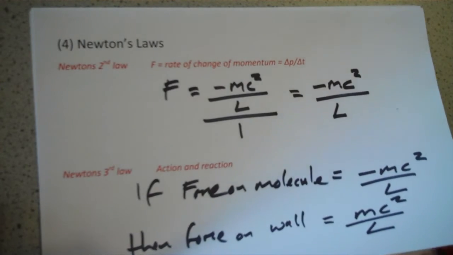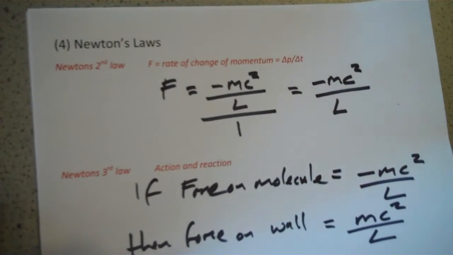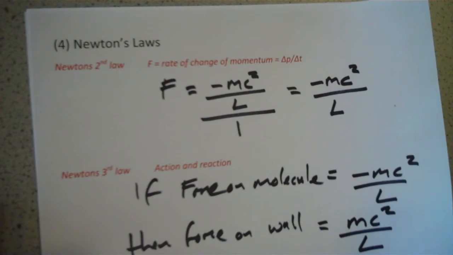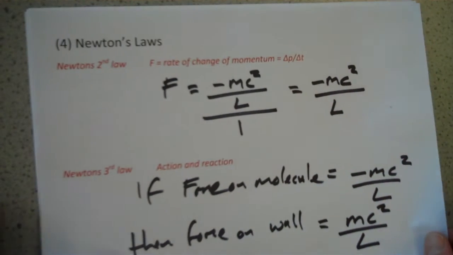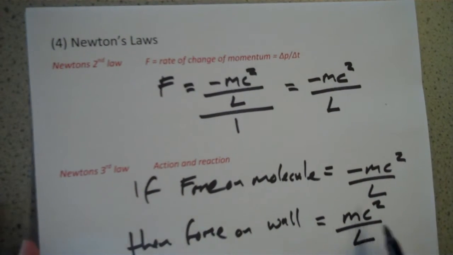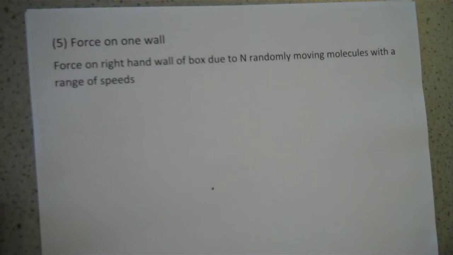We're nearly there. Remember, so far, this is the force on the wall due to one molecule travelling at speed c with mass m. Now, of course, we're not dealing with one molecule, are we? We're dealing with n molecules. Remember at the start, on the first page, we said there are n randomly moving molecules and they've got a range of speeds.